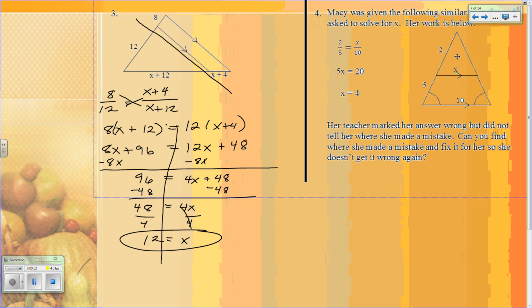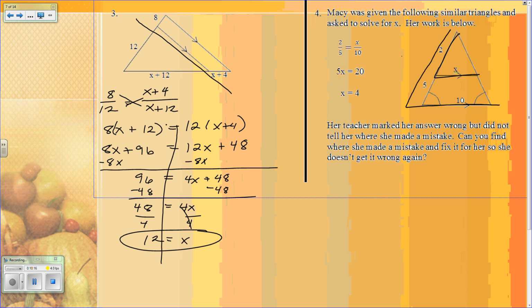Now this one wants us to find the mistake. So it says Macy was given the following similar triangles and asked to solve. Here is her work. So she did 2 over 5 equals x over 10. Where is her mistake? Because it is wrong. Because if you'll notice, I've got this small triangle, and then you should use the large triangle so that you have corresponding pieces.